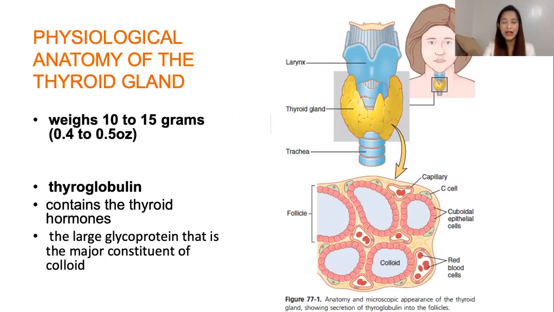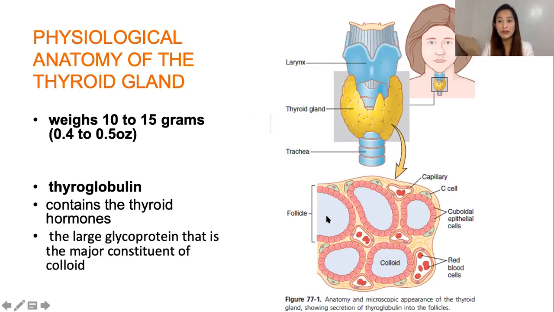Your thyroid gland weighs approximately 10 to 15 grams. In disease states, it can grow as big as 100 grams, so it depends on the etiology. It's mostly composed of thyroglobulin, which contains the thyroid hormones.